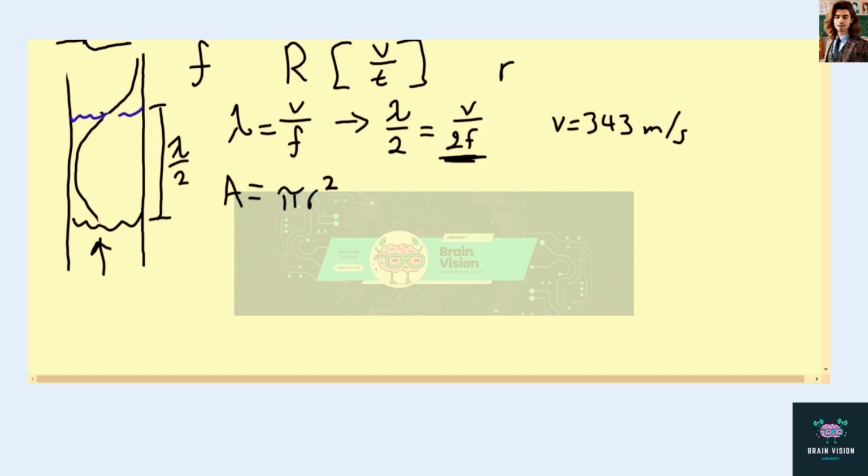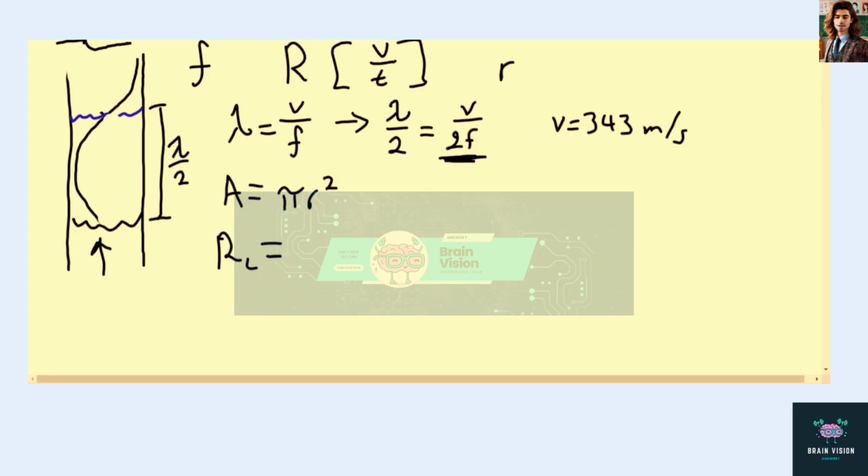And since the tube is a cylinder, its cross-section is going to be a circle, which means that its cross-sectional area, of course, is going to be pi r squared. And lo and behold, lowercase r is one of the variables that were given right at the beginning. So that's great. Then we need to calculate the rate of change of the height of the water in terms of these variables that we have at the beginning.